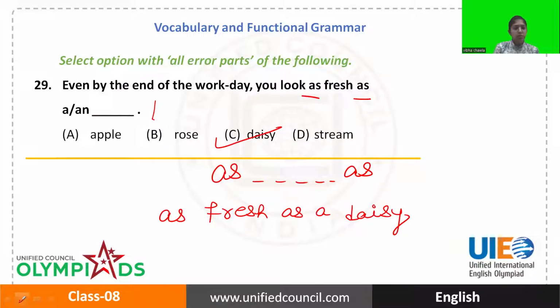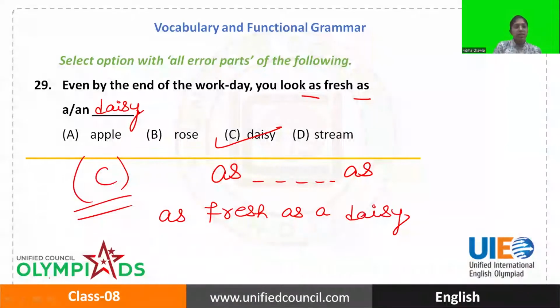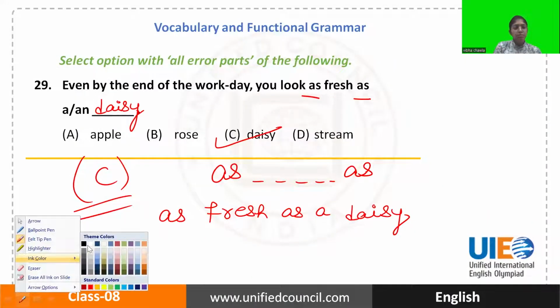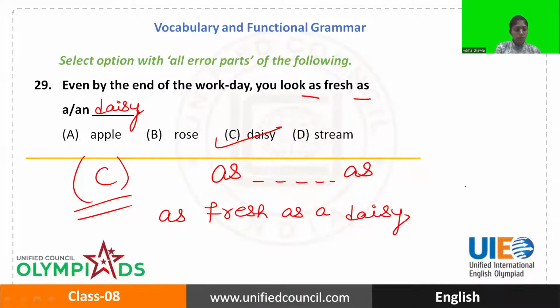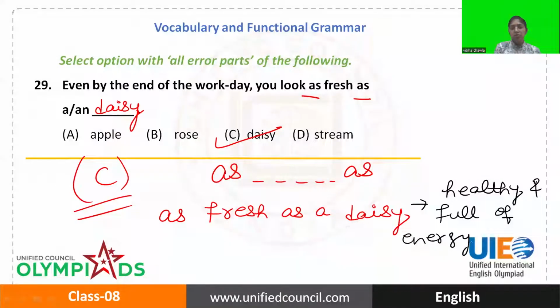So it is option C. As fresh as a daisy means healthy and full of energy. Okay, it is option C.